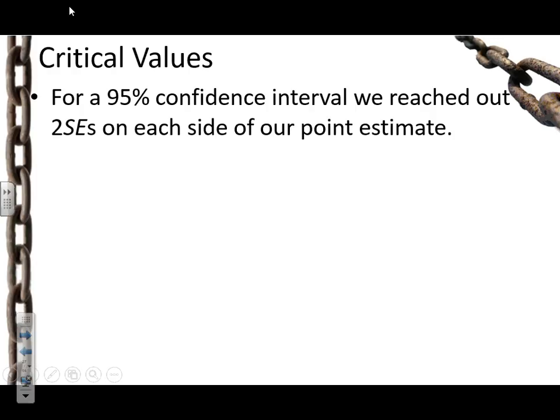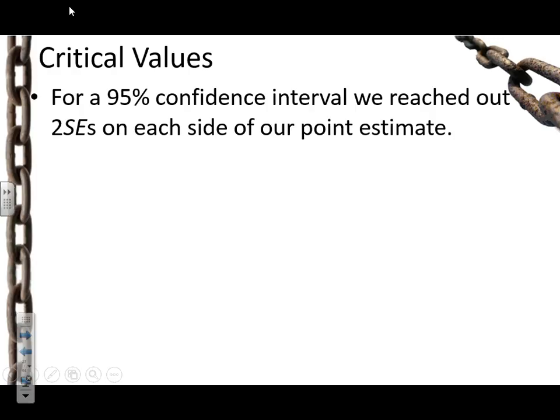Now, last week, we said that for a 95% confidence interval, we would reach 2 standard errors in each direction. And that 2 standard errors came directly from the 68, 95, 99.7 rule. And that rule again said that 95% of all of our observations should fall within 2 standard deviations of the mean. Okay? So we used that 2 as an estimate, how far we're going to reach above and below.